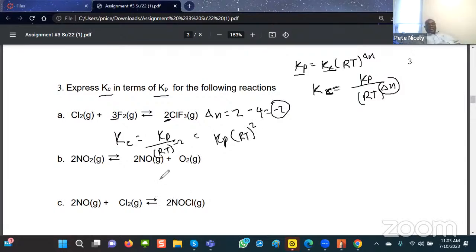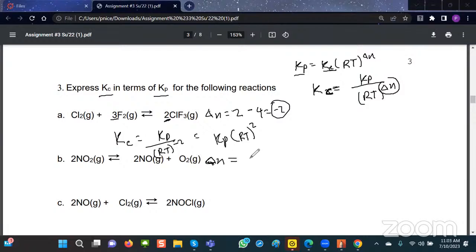All right. Okay, any questions about that one? Any questions? Okay, so what would be delta N for this equation? Okay, what is delta N equal to in this case? 1. Exactly, 3 minus 2.